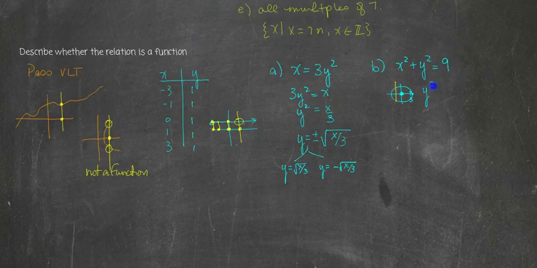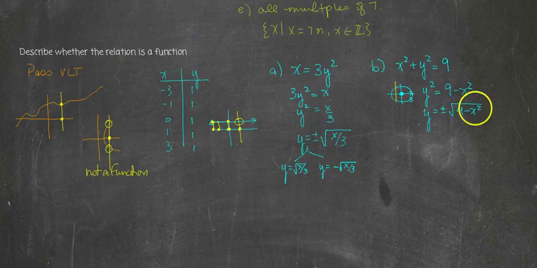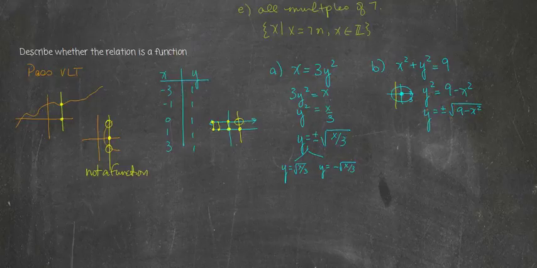We have y squared equals 9 minus x squared. Take the square root of both sides. So you get plus or minus. We're in the same boat we were in for problem A. The square root of 9 minus x squared, and the plus and minus is going to give you two different values. So either way you look at it, this relation is not a function. So both of these are not functions.